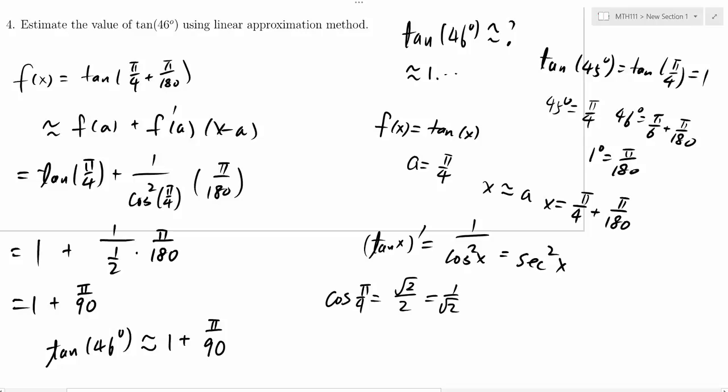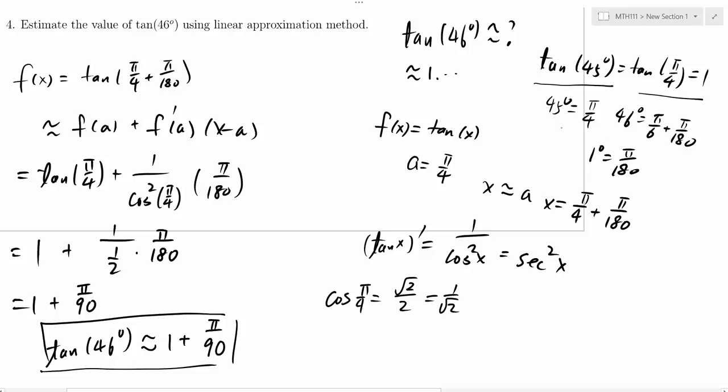Let's go back and look at how we found this approximate value. First, we recognize that tangent 45 degrees is easy to calculate, so tangent 46 degrees is approximately tangent 45 degrees, which is 1.